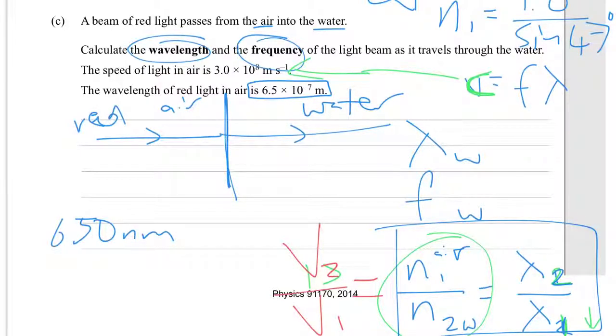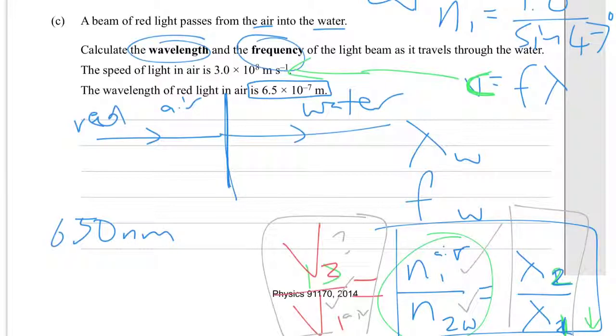That's good. So we can use this to find the speed of light in the water. Let's go to yet another colour. I'm going to use grey. We've got the refractive index of air, which is 1.0. We worked out the refractive index of water above, which is good, though we don't actually have to use it now that we've got the 2 outside bits. We've got the speed of light in air.